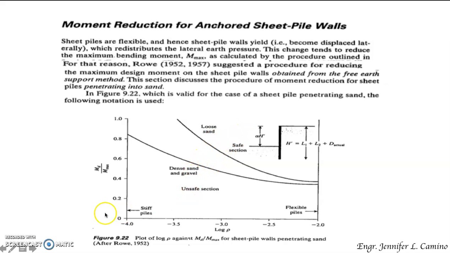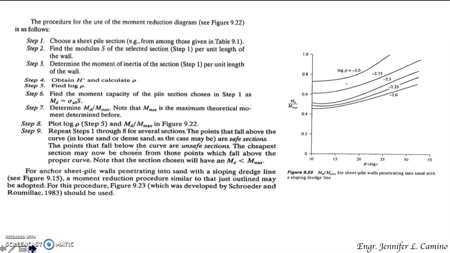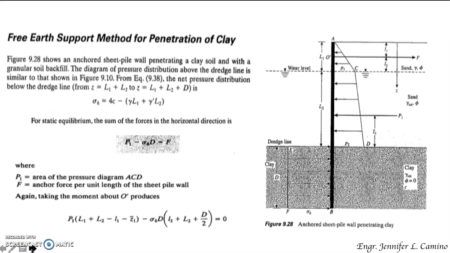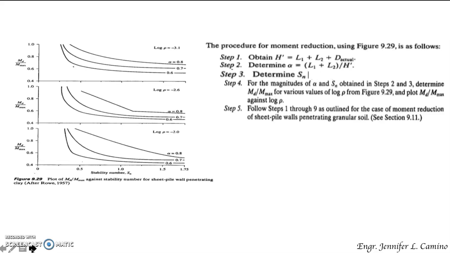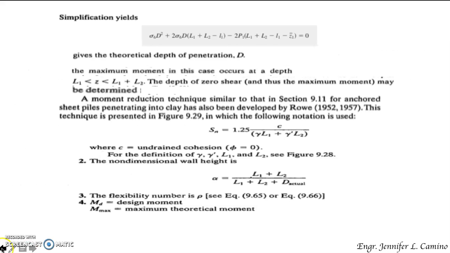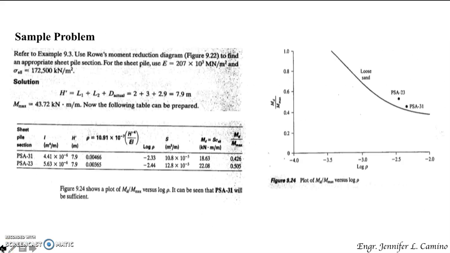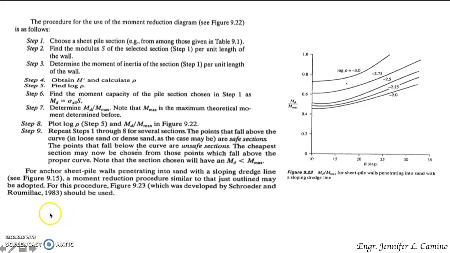Below this, they are unsafe sections. For an anchor sheet pile penetrating into sand with a sloping dredge line, a moment reduction procedure similar to that just outlined may be adopted.